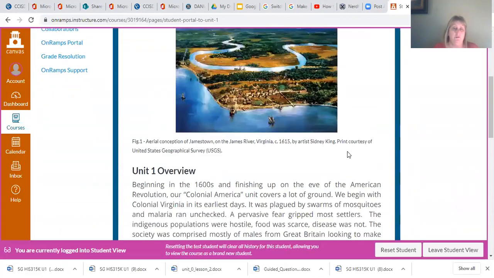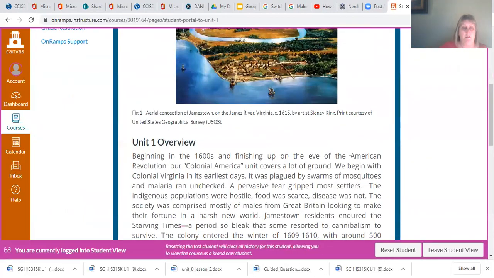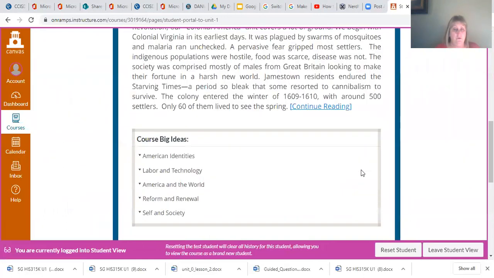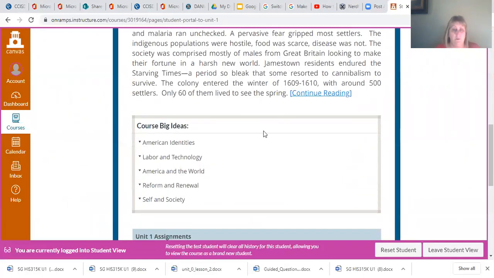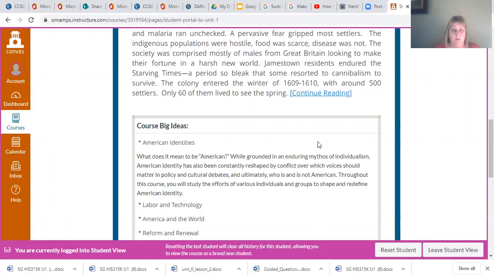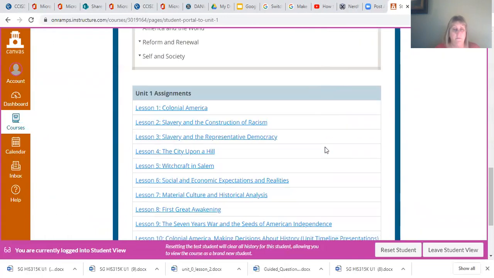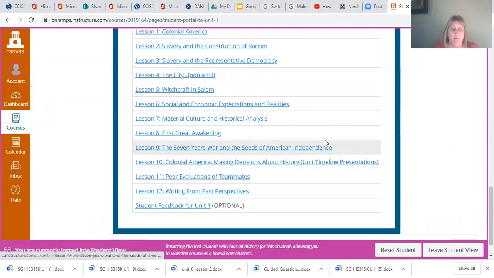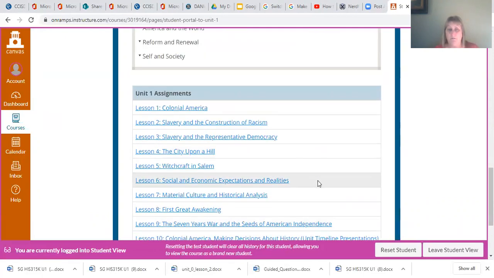So each of your units are structured the same way. Each unit, you'll have a unit overview, which I encourage you to read, your big ideas, where you can click on these and it will explain the big idea again. And then all of the lessons that we will be completing for each unit. So you can see that Unit 1 is a pretty lengthy unit.